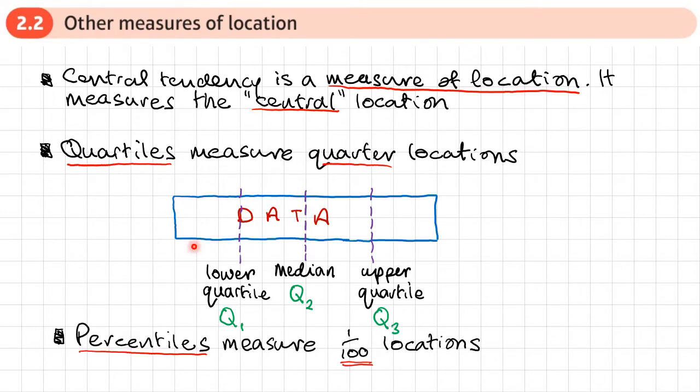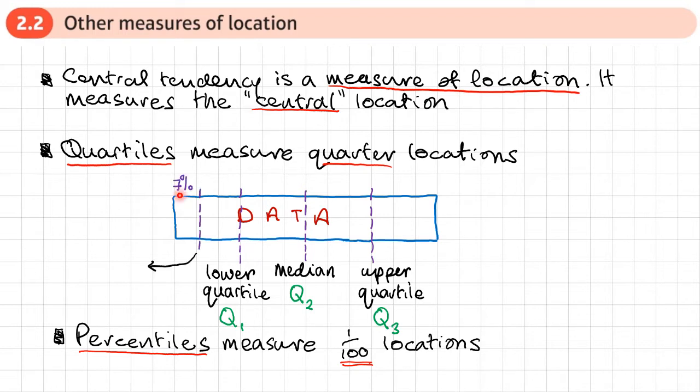Now, we don't have to stop at just looking at quarters of the way through the data. We could look at 1/100ths of the way through the data and divide our data up into hundredths. And percentiles measure 1/100th locations. There are also something called deciles as well, which measure tenths locations, but we don't need to look at those. So how do we express a percentile?